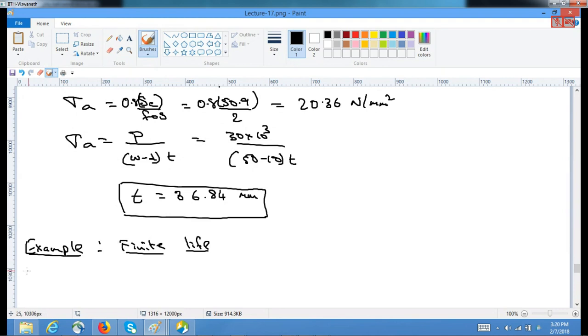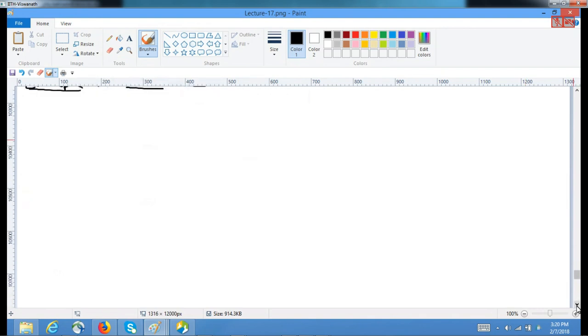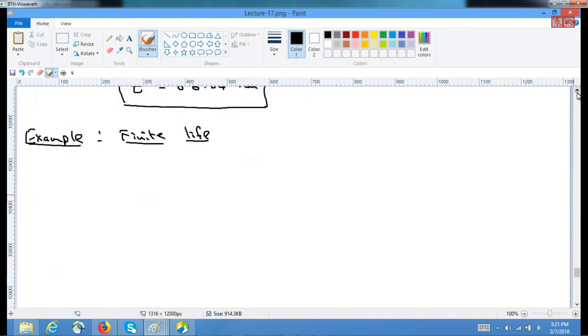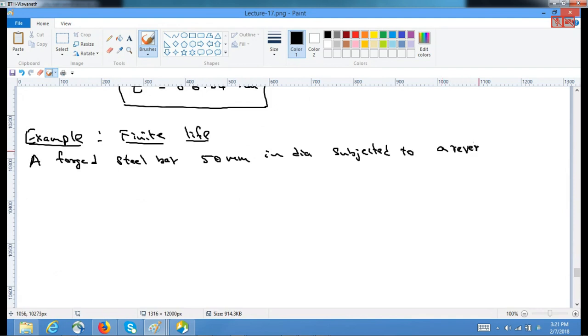For that, we'll consider a forged steel bar of 50 mm in dia, subjected to a reversed bending stress of 250 Newton per mm square.